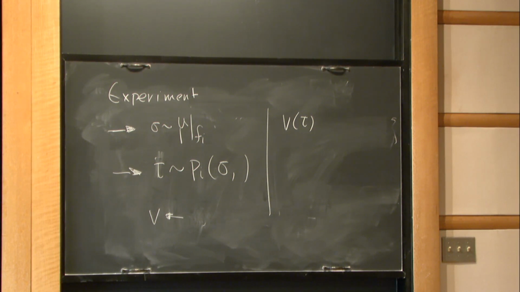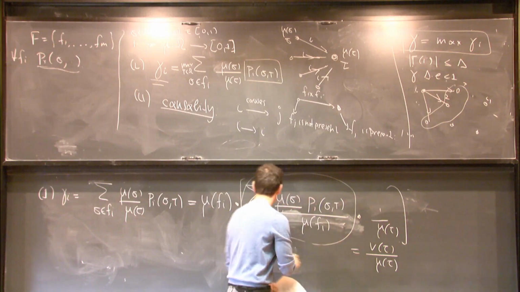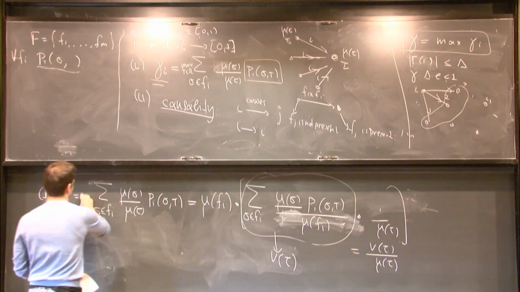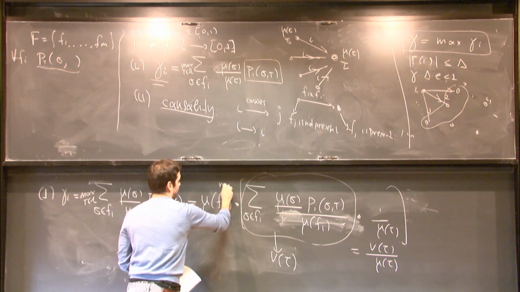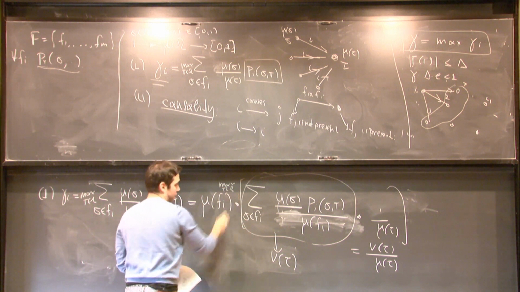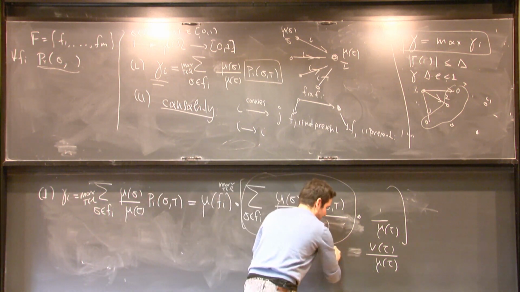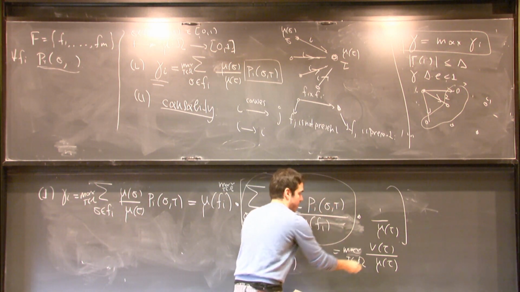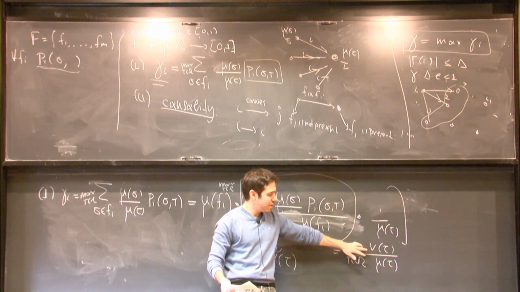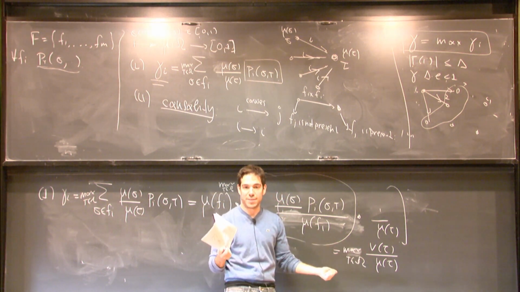And so now what this expression does, it's equal to nu tau over mu tau, and we take a maximum over tau. So it's a way to see how these distributions differ in the worst case.